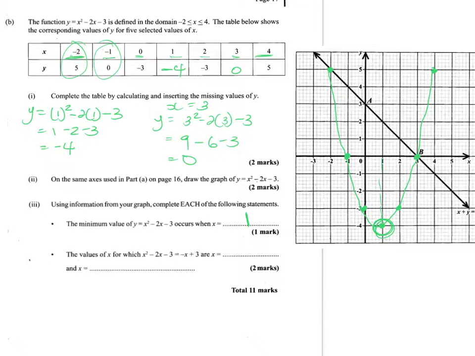And the values of x for which the curve and the line are equal: the curve and the line meet at these 2 points here and here. So therefore, the values of x would be minus 2 and in this one here x is 3.